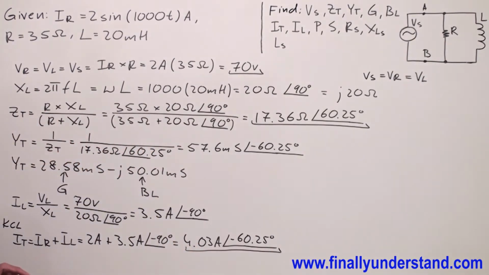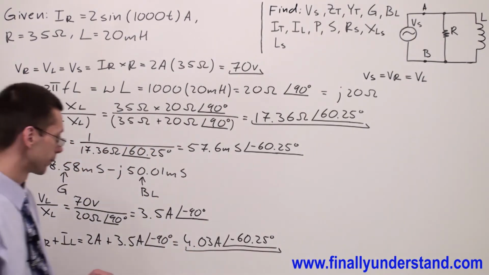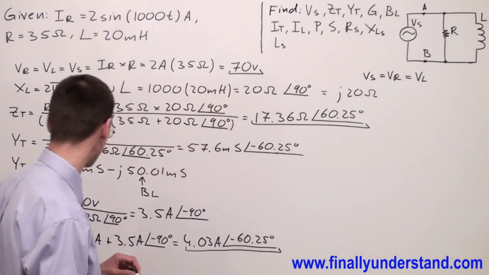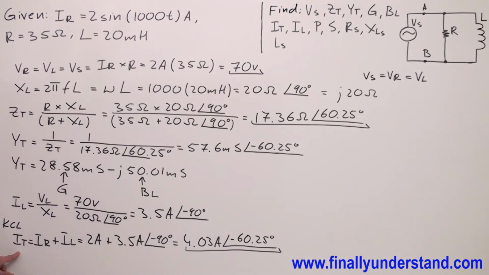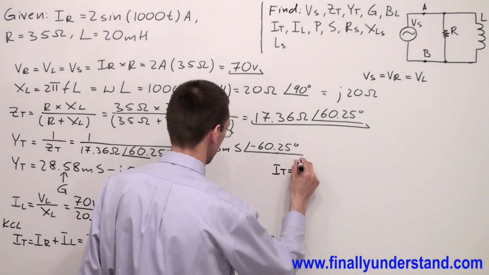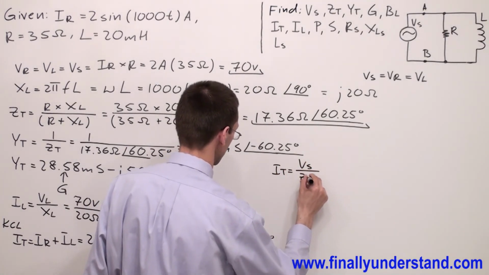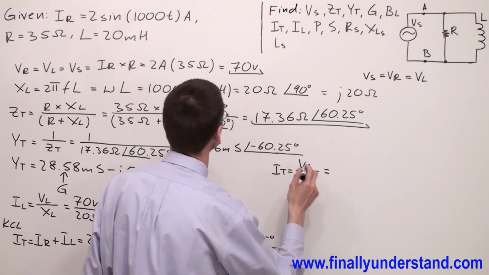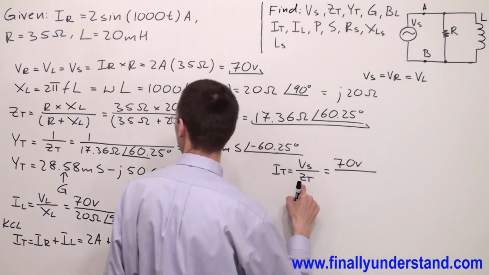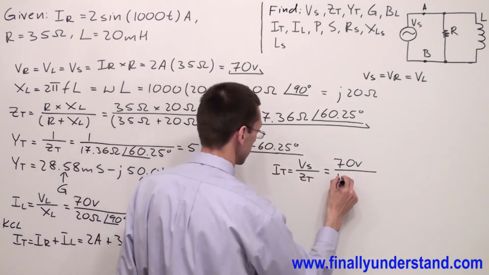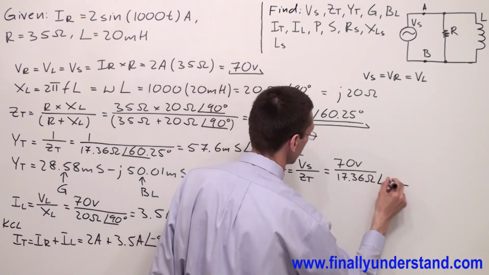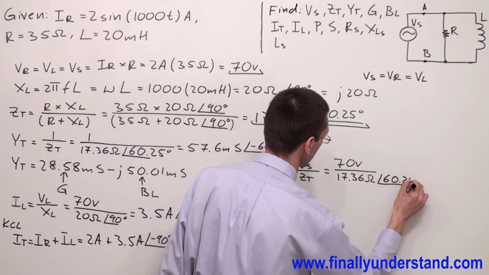So this is one way to get the total current, but we always like to check if our answers are correct. Let's find the current total using Ohm's law. Let me write this over here. I total is also equal to voltage source over Z total, where voltage source is equal to 70 volts over Z total, which we found is 17.36 ohms and angle of 60.25 degrees.